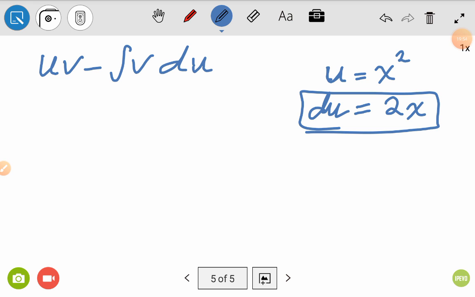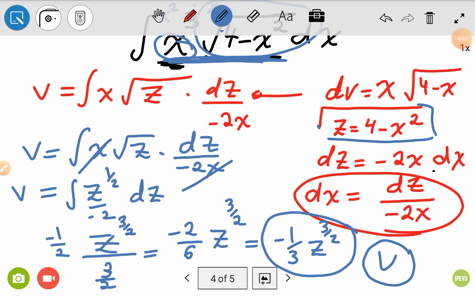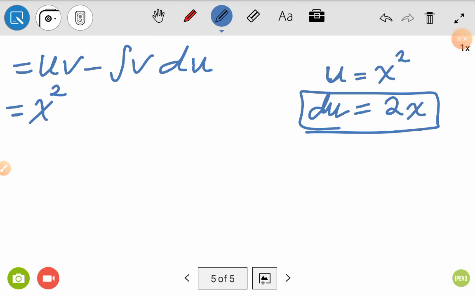What's the value of u? The value of u is x squared, and the value of v from the previous page, v is negative 1/3 z to the power of 3 over 2. Yes, negative 1/3 times z, which is 4 minus x squared. Excellent.